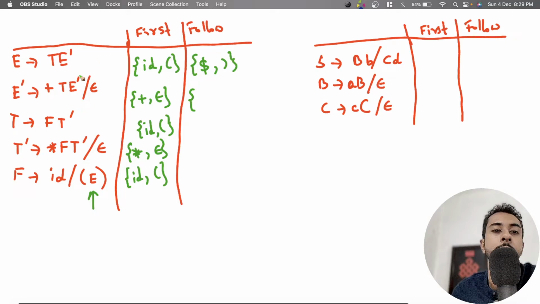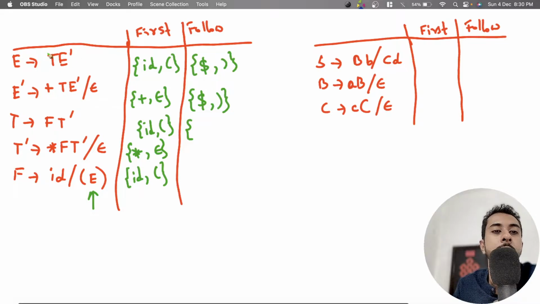So find the E dash in the right hand side. Since it's at the end, follow of E dash is follow of E. What is follow of E? Dollar, close brace. Here also E dash, so the follow of E dash is follow of E dash, so it is again the same. Anywhere E dash is present? No. So that's it.